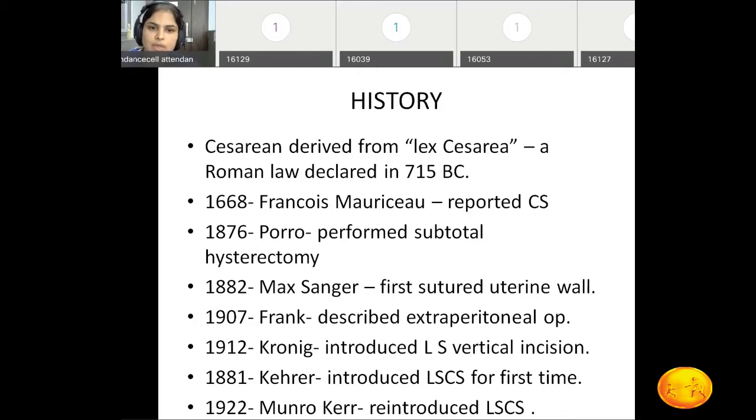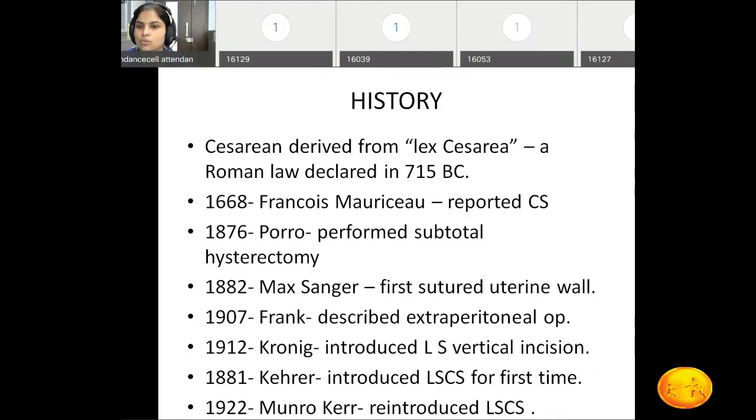Or if the baby also died in the womb, they would section the mother and bury the baby and the mother separately. That was Roman law. The word cesarean comes from Lex Caesarea, not from the delivery of Julius Caesar.